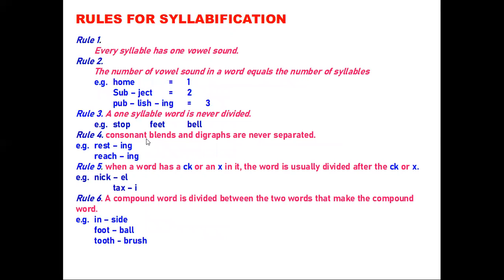Rule 4, consonant blends and digraphs are never separated. Rule 5, when a word has a CK or an X in it, the word is usually divided after the CK or X. Rule 6, a compound word is divided between the two words that make the compound word. So these 6 rules we have to memorize.